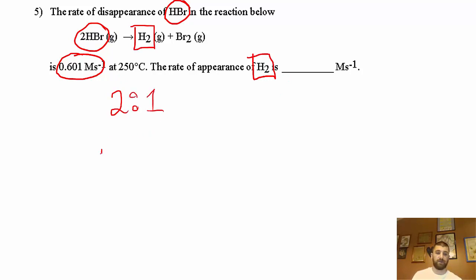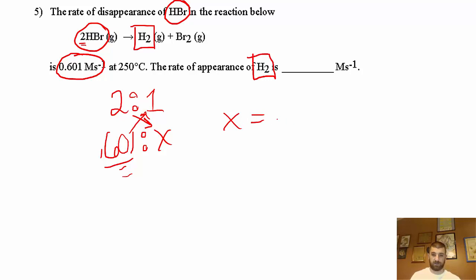So the rates are going to follow the same pattern of 2-to-1. So we've got 2-to-1 is 0.0601 to blank. And the reason I know where to put the 0.0601 is because it's of the HBr, which is the 2. So now I can do some cross multiplying and dividing, solve for x, and I get x equals 0.03005 molar per second.